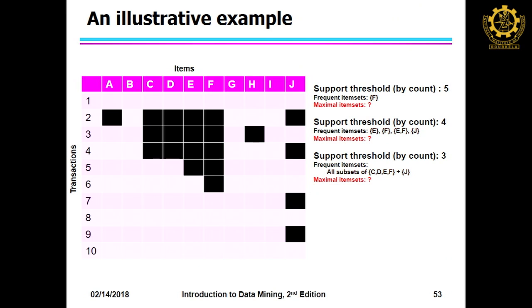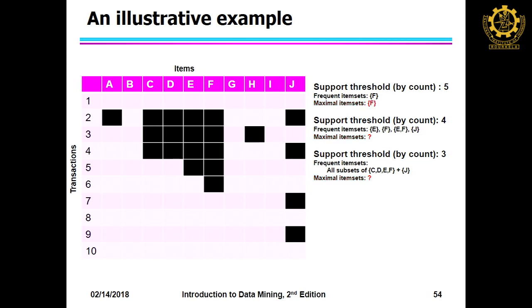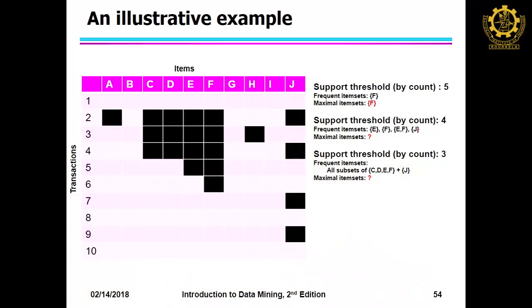If the support is 5, what will be the maximal item set? F. Now, if the support threshold is 4, what will be the maximal item set? J, because for J, any immediate superset would have to be frequent, so J must be there. And EF is 4. If you take F, its corresponding superset EF is also frequent.